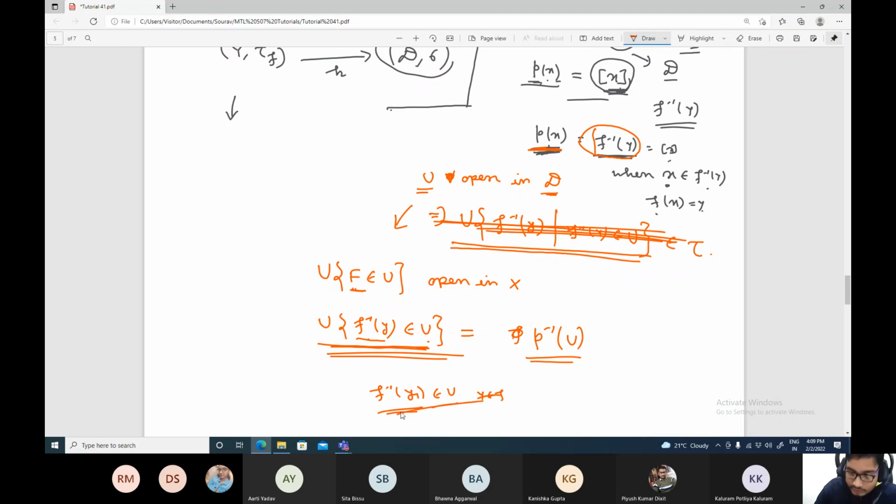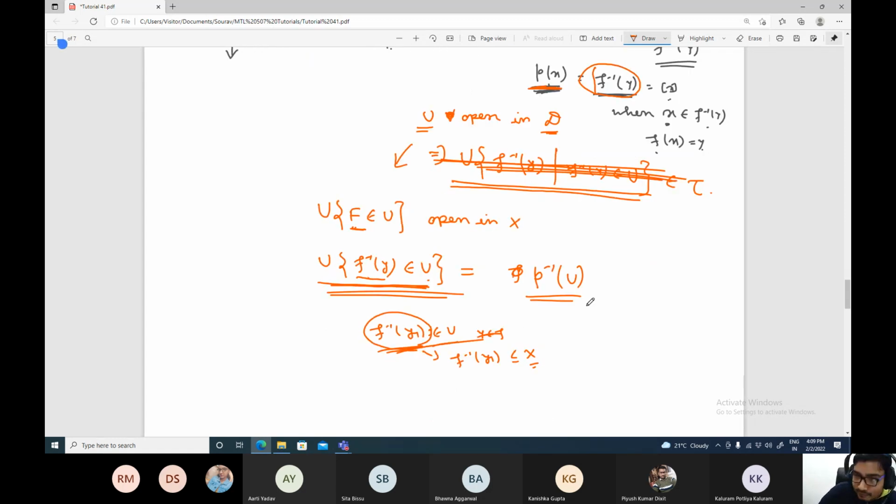No, forget about this one. So F inverse Y1 belongs to U, right? But this is actually a set. This F inverse of Y1 is actually a subset of X, right?